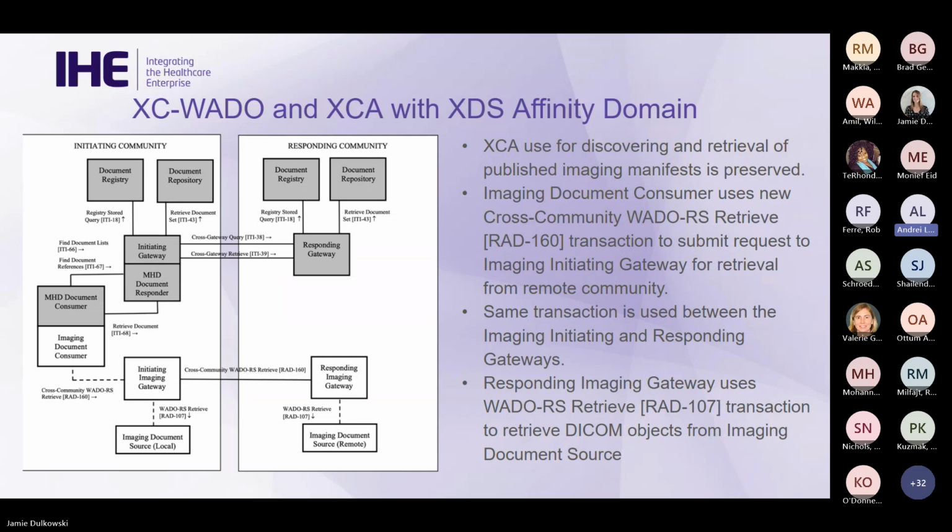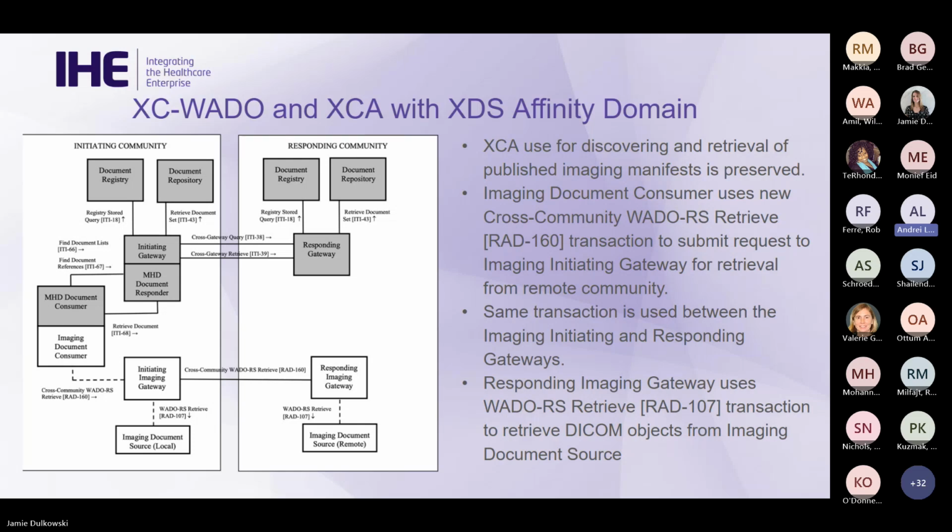Another note, you could see that use of some transactions is shown with dotted lines, which means that the profile is also very flexible, allowing, at least for scenarios where it makes sense, to initiating imaging gateway, for example, to communicate with imaging document consumer in any other way that might be not specified by the profile.